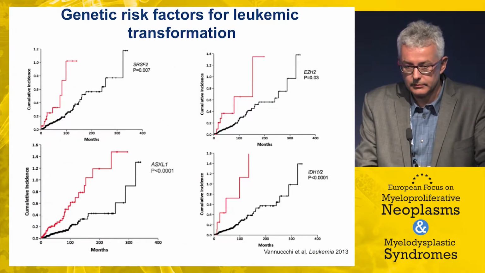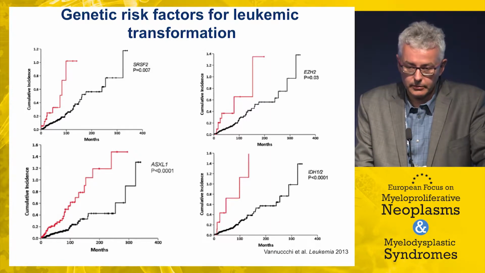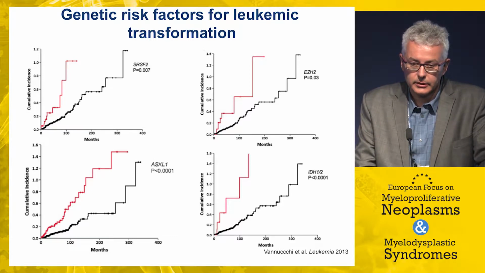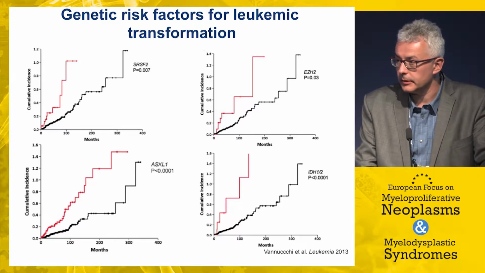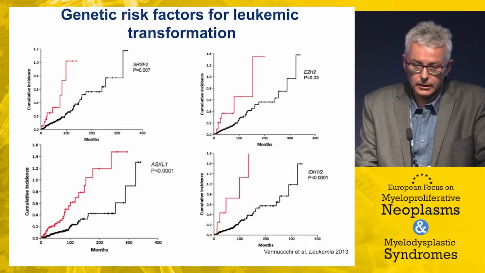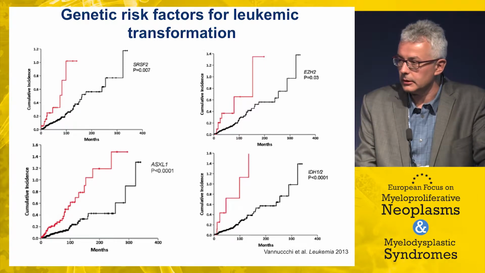Now, other non-driver mutations are very well known at this time and age, and Dr. Vannucchi published a paper in 2013 on the high-risk molecular markers in myelofibrosis that are known to shorten the life expectancy of the patients with myelofibrosis. But similar to what I said about triple negative cases having shorter life expectancy, those with, and in this case we have here SRSF2 and EZH2 and ASXL1 and IDH mutations, each of these on its own, if present, would also increase risk of transformation to acute myeloid leukemia.